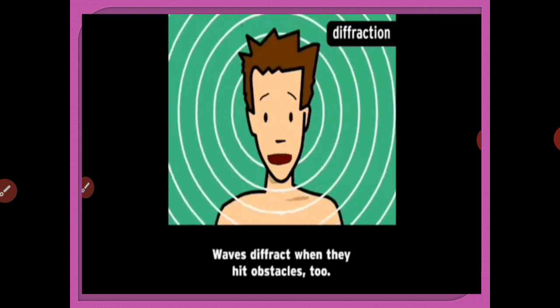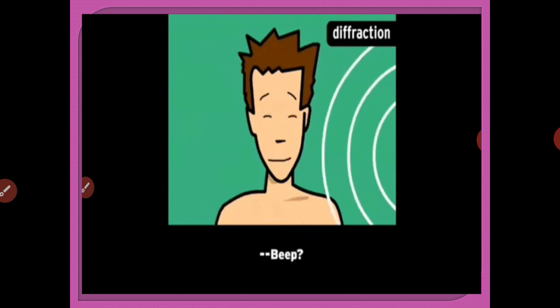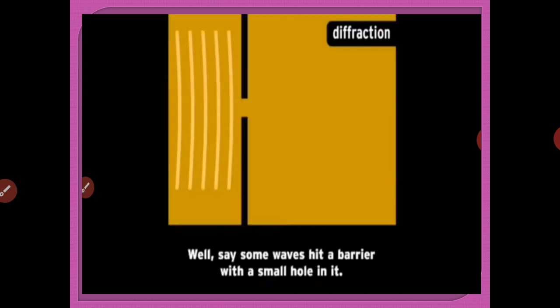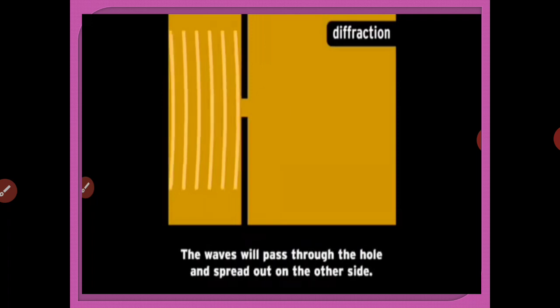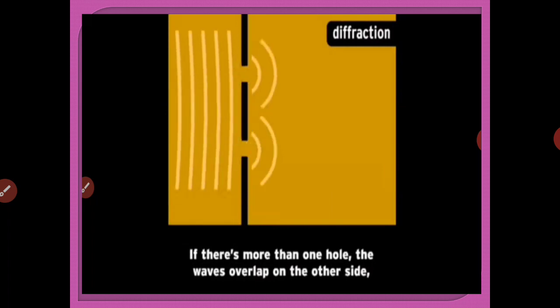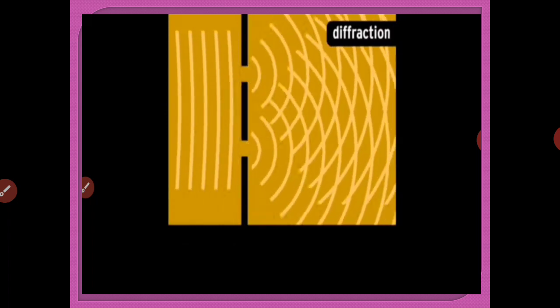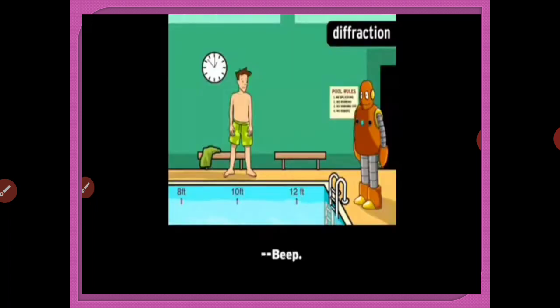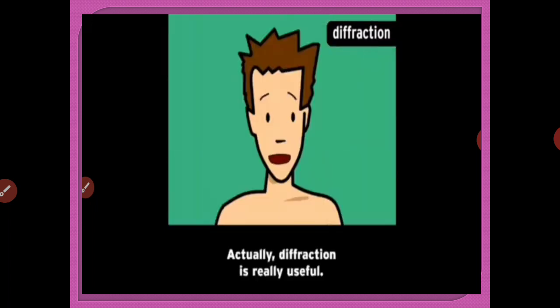Waves diffract when they hit obstacles too. Well, say some waves hit a barrier with a small hole in it. The waves will pass through the hole and spread out on the other side. If there's more than one hole, the waves will overlap on the other side, making a predictable interference pattern. Actually, diffraction is really useful.